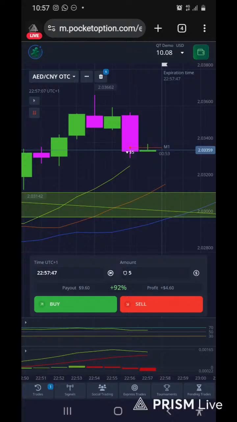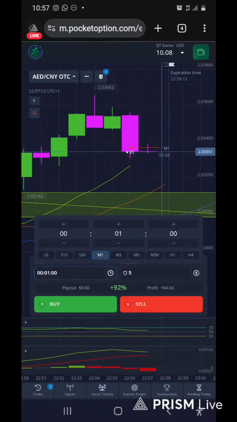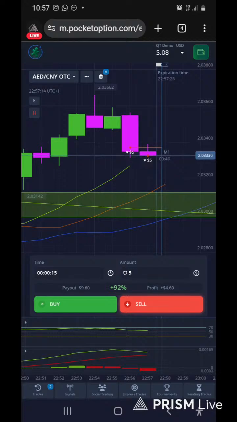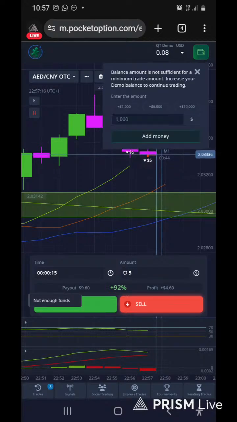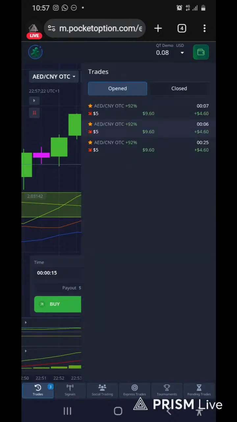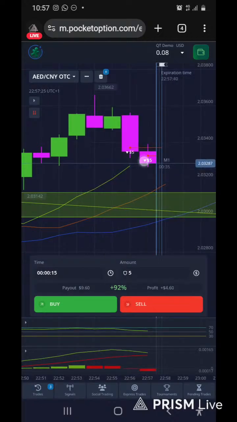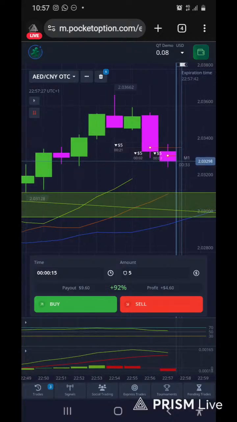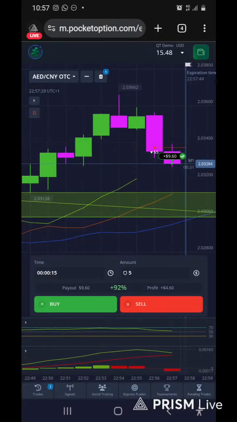I didn't even trade it well, safe. I'll scalp 15 seconds. See, I traded 15 seconds here because I know the market will go down for 15 seconds at least. You see?